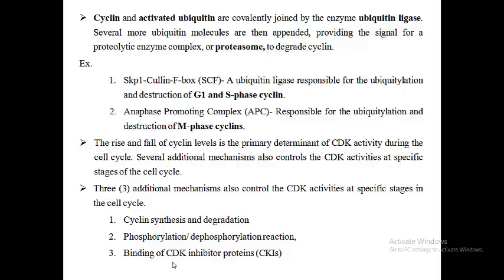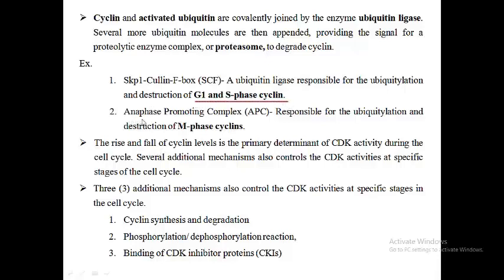Some examples of ubiquitin ligase are SKP1, Cullin, F box. In short, we can say SCF, which is responsible for the ubiquitination and destruction of G1 and S-phase cyclin.